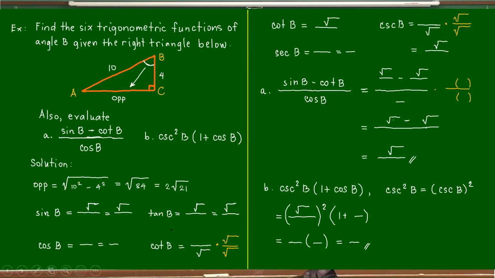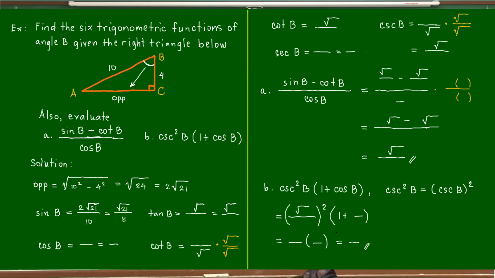Now for sine B, we have opposite over hypotenuse. What is opposite? 2 square root of 21. And the denominator, hypotenuse, is equal to 10. Simplifying this, we have square root of 21 over 5.